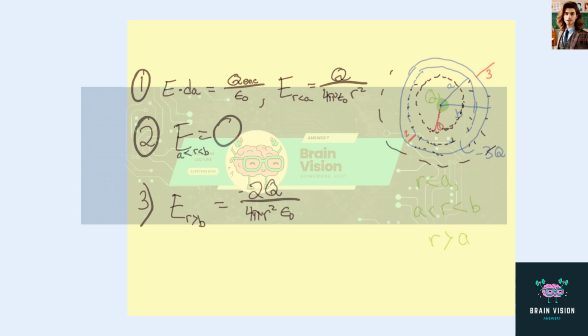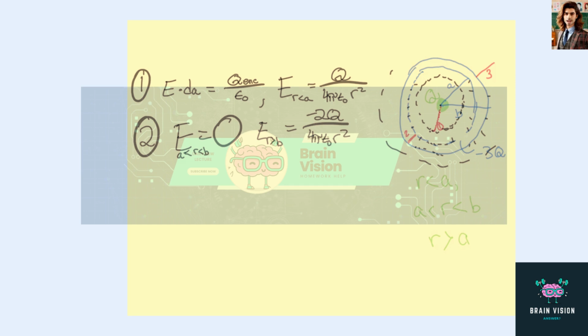Let me move this up here because we're going to need a little more room than I was anticipating. E for r greater than b equals negative 2Q over 4 pi epsilon naught r squared.